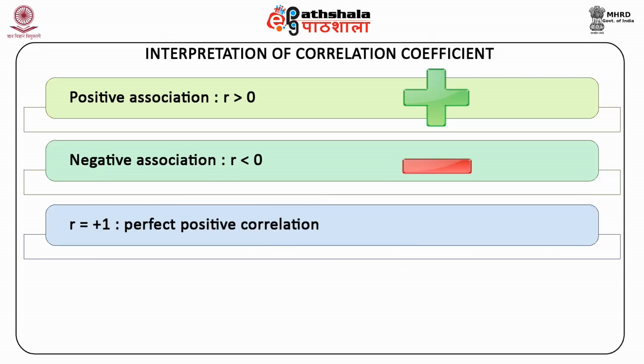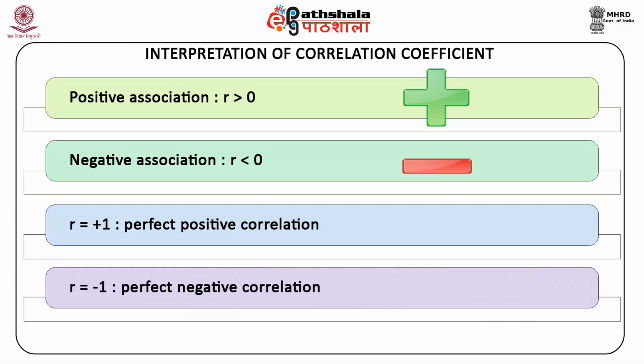If r is equal to +1, it implies that there is a perfect positive correlation between the variables. In other words, the scatter diagram will be a straight line starting from left bottom and rising upwards to the right top. If r is equal to -1, there is a perfect negative correlation between the variables.